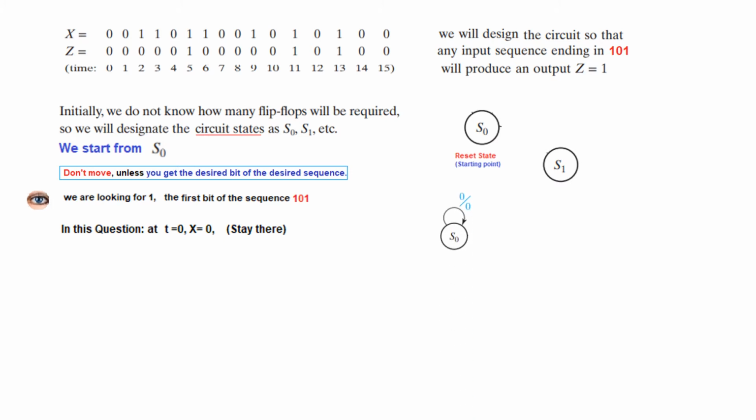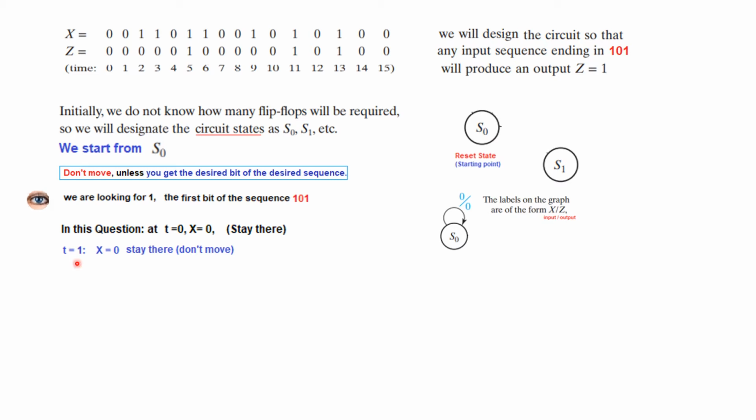We are staying in the same state, so we loop back to S0. As we explained earlier, this shows the input x and the output z. So the input we got was x equal to 0, and the output was also 0. Therefore we'll write it 0/0.